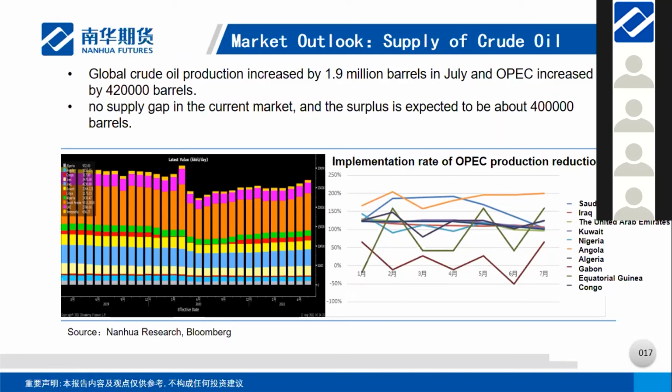At present, Russia has little economic motivation to break the current production restriction agreement and increase production significantly. So that is for Russia.